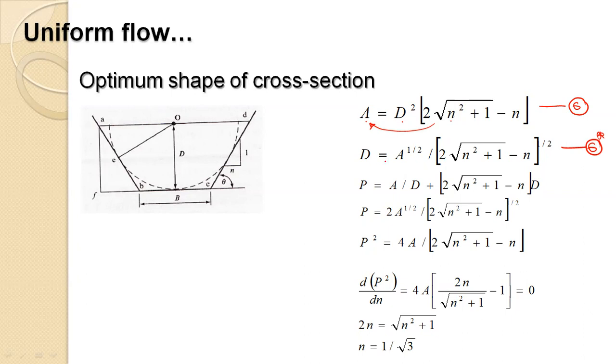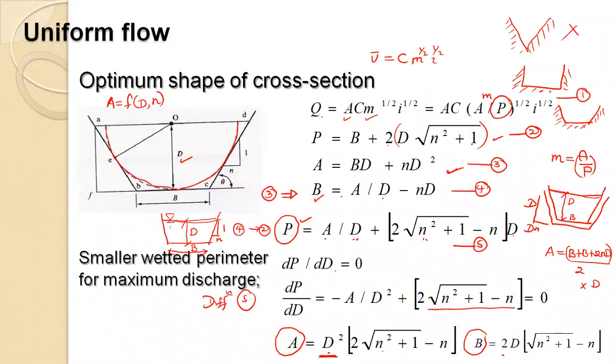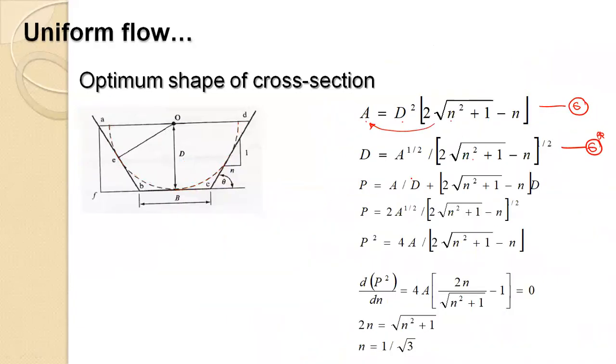Now, since this is D, using A and N, I can also get P from the previous one. P is this one, and I know B is this one. P is B plus 2 into D square root of N squared plus 1. I can substitute this B in P, and then I can get the expression for P as well.